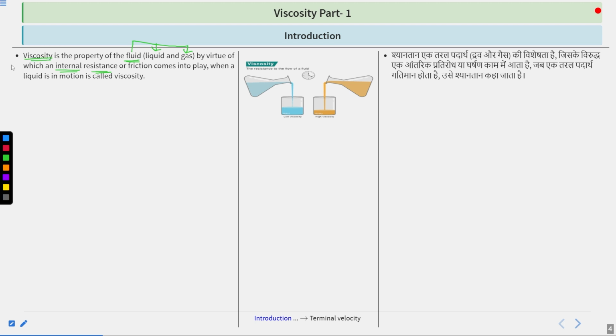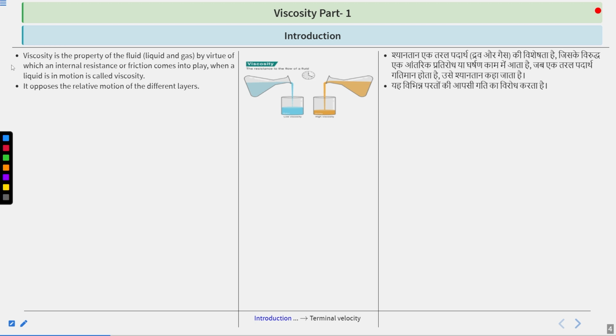So technically viscosity is the property of a fluid by virtue of which it provides internal resistance of friction while in motion. It opposes the relative motion of different layers.